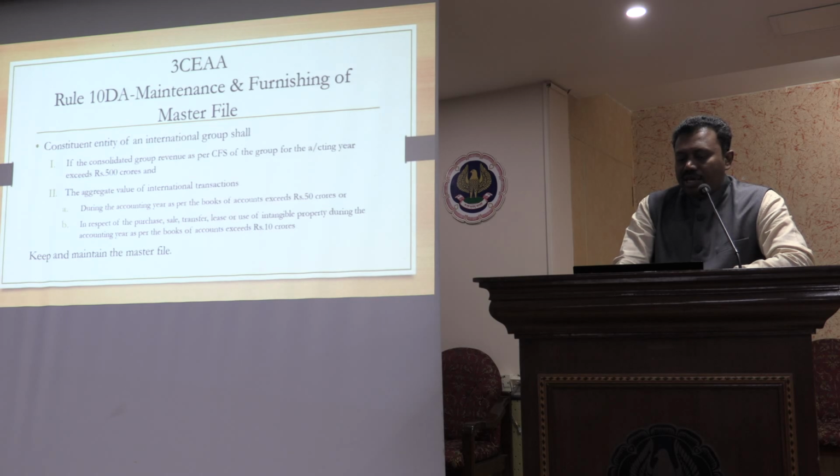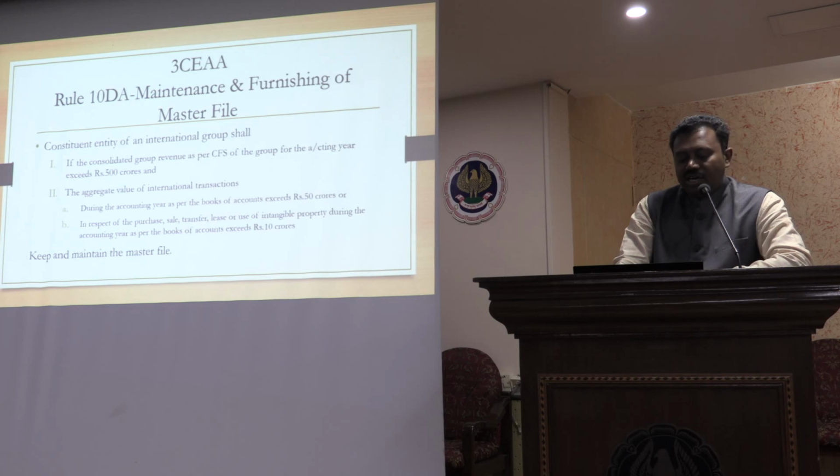For 3CEAA that I mentioned, the requirement to file the master file comes if the consolidated group revenue as per the consolidated financial statement of the group is 500 crores, and the aggregate value of international transactions is more than 50 crores, or in case of purchase, sale, transfer, lease, use of intangible property during the accounting year as per books of accounts exceeds 10 crores.